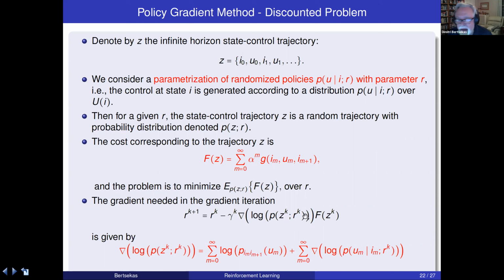It looks almost like magic, but it's true, and you can find a justification of this formula in many reinforcement learning sources. So you are at r_k, generate the random trajectory, generate the gradient of the logarithm, and off you go to the next point with some step size.